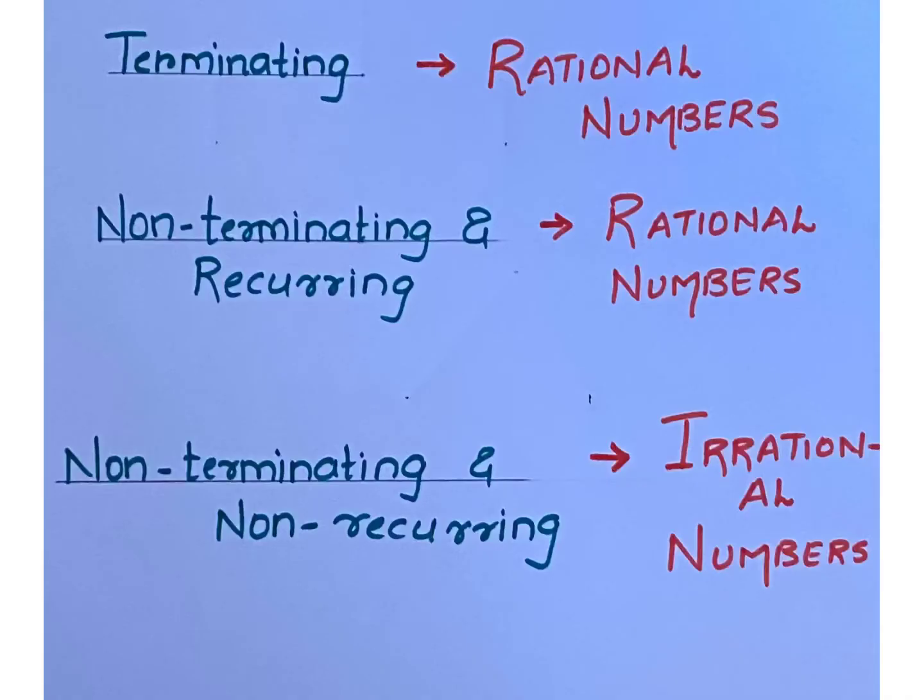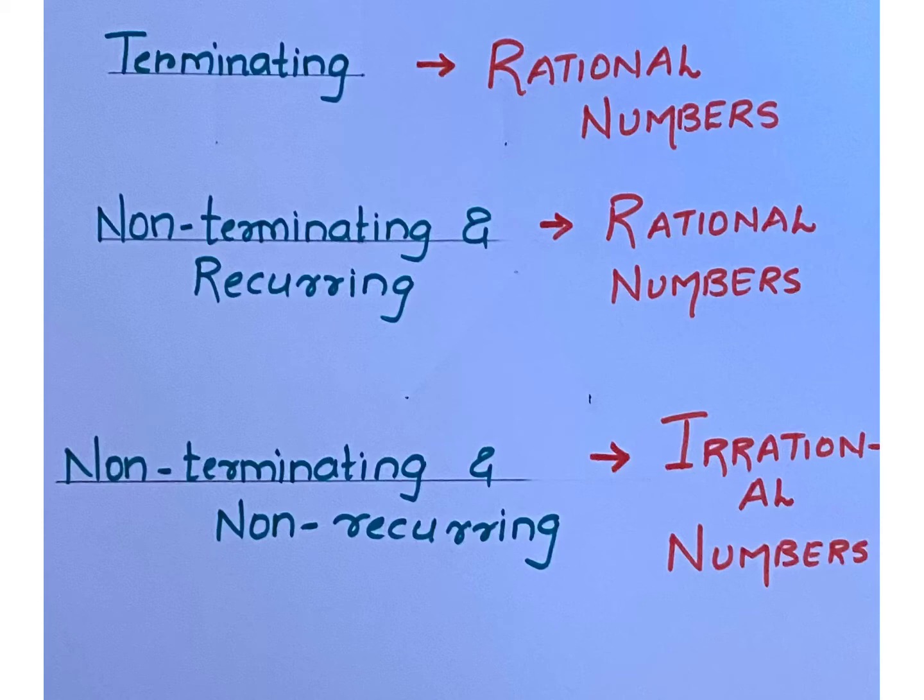If a decimal expression is a terminating decimal expression, meaning the division is ending, then it can be written in the form p by q. Therefore it belongs to rational numbers. If it is non-terminating and recurring, meaning the division is not ending but the digit or digits are getting repeated, then also it can be represented in the form p by q, and it belongs to the set of rational numbers.